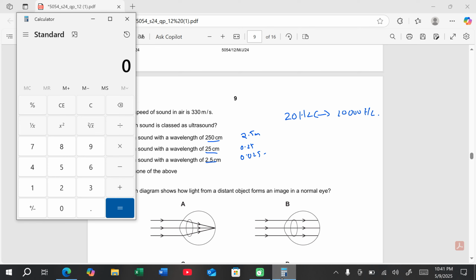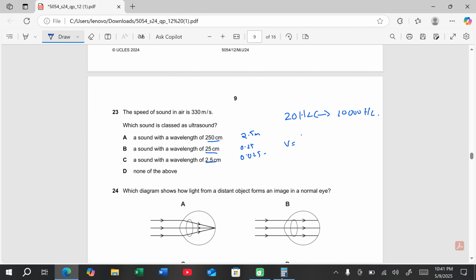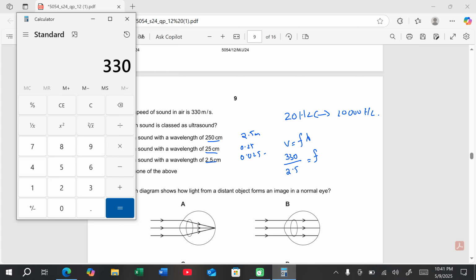And why I'm doing this, because there is a formula v equals f lambda. So if you divide this speed by the wavelength, you're going to get the frequency. So I'm dividing this for every number. So it's 330 divided by 0.25. That's not correct as well.